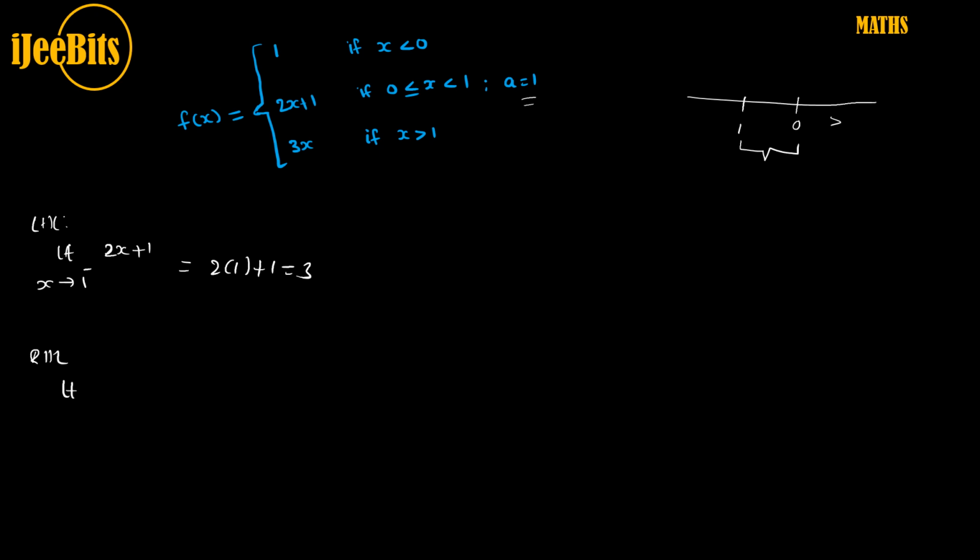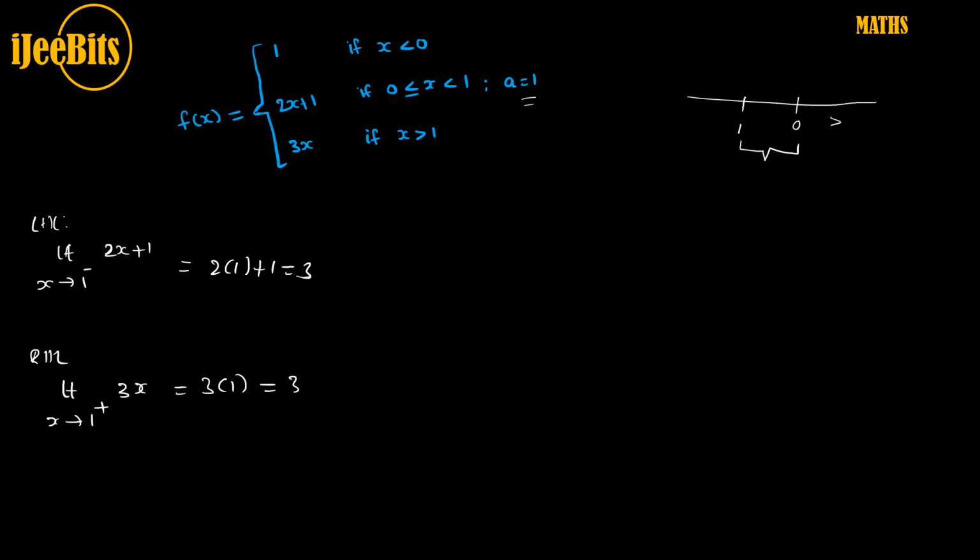Limit x tends to 1 plus. How much is the value? 3x, right? X is greater than 0, the value is 3x. So plug in 3x. How much? 3 into 1 becomes 3. Do you see that one? What did you find?